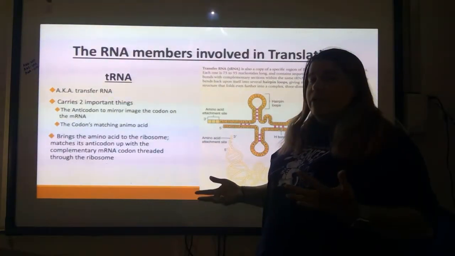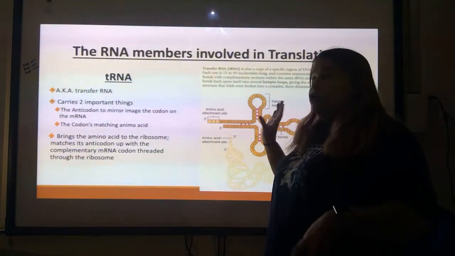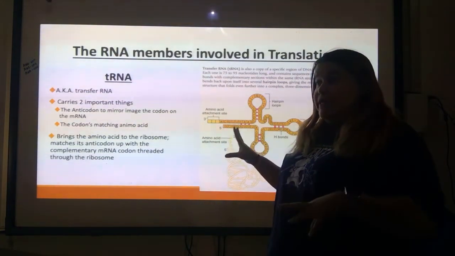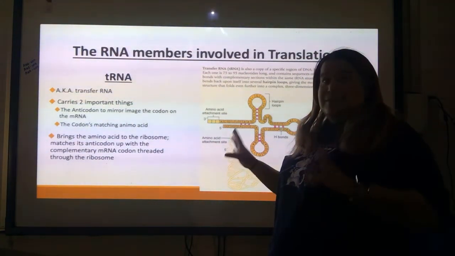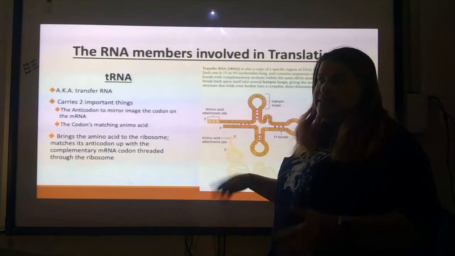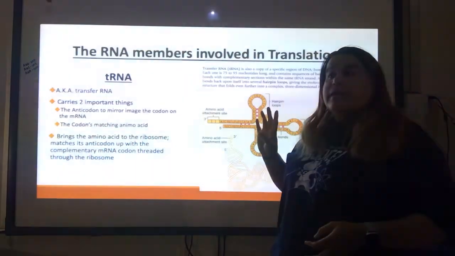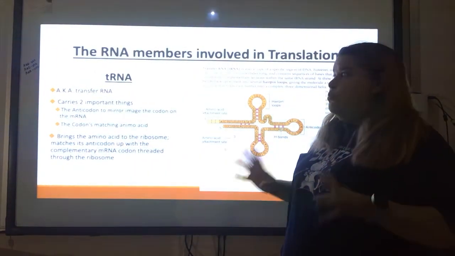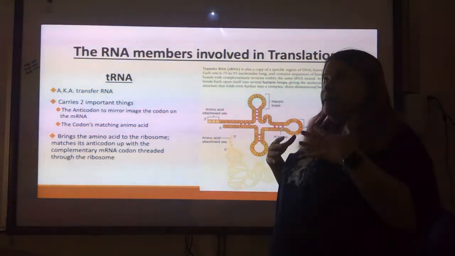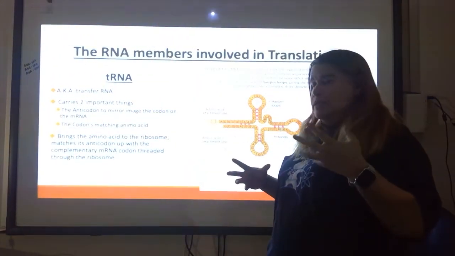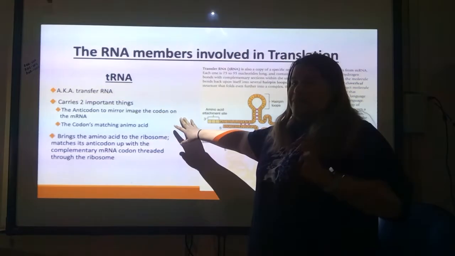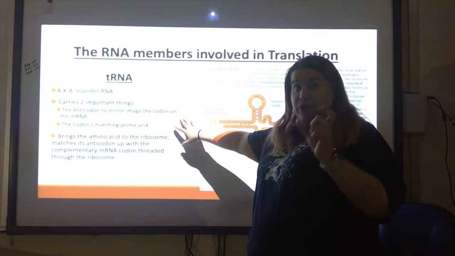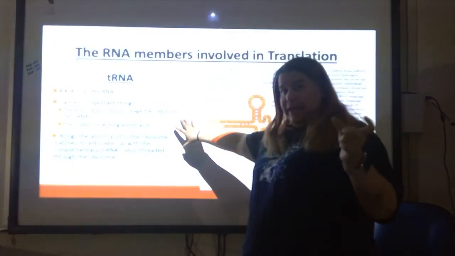The last type of RNA we're going to talk about is transfer RNA. Transfer RNA do exactly what the name suggests. They transfer something. Transfer RNA has two primary parts that are important. They have an anticodon. Remember, the codons are the codes for the amino acids.